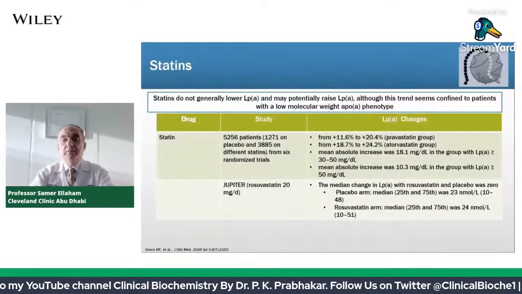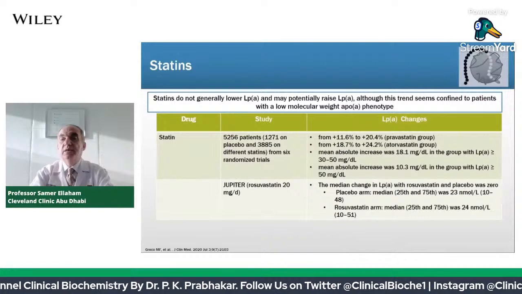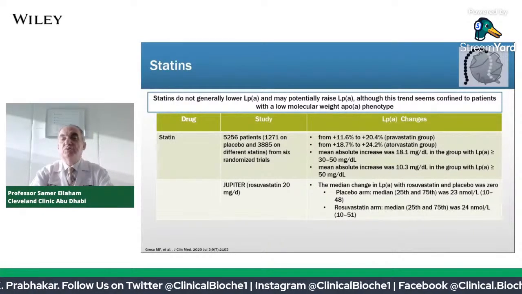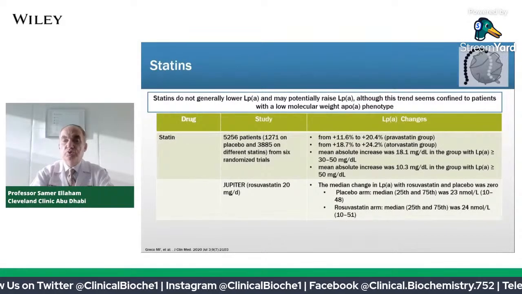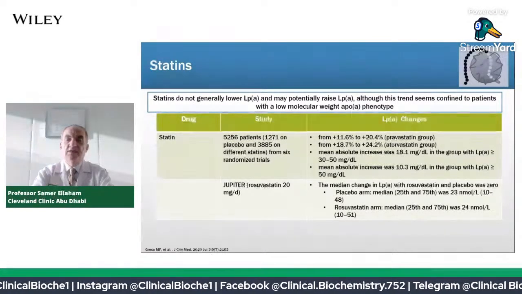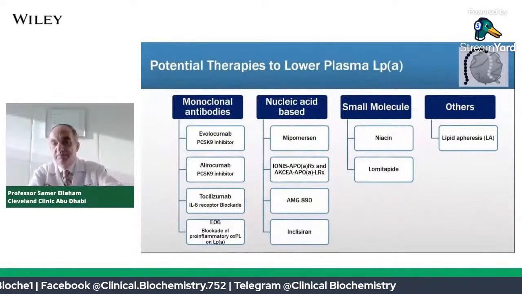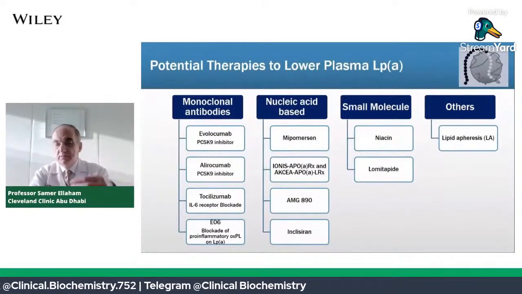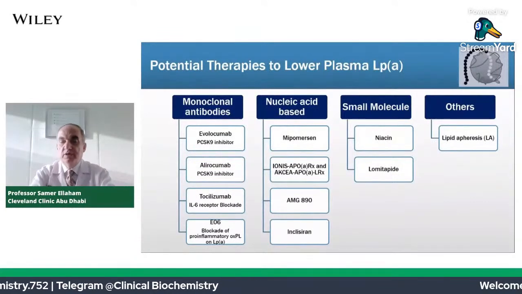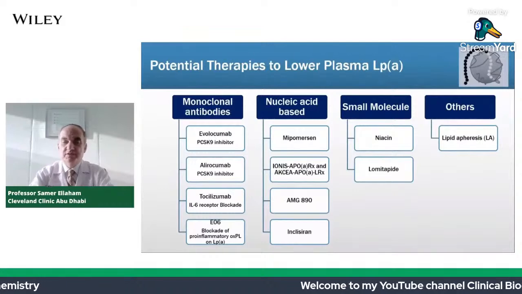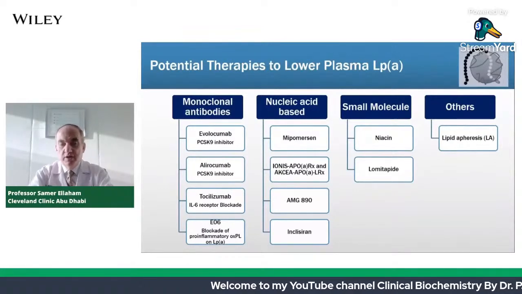The Lp(a) may not be affected or may be slightly more elevated when you give a statin, and this should not alarm us. We still need to use the statin as main therapy, at least for now. Potential therapies, I'll go from the left to the right. I will address them quickly here and then show you a few data so I can finish on time and keep your attention and hopefully have a great session for questions and answers.